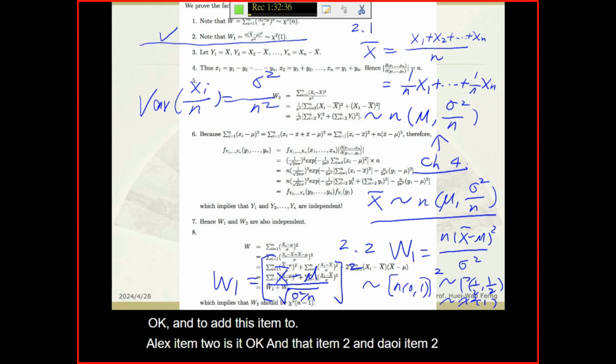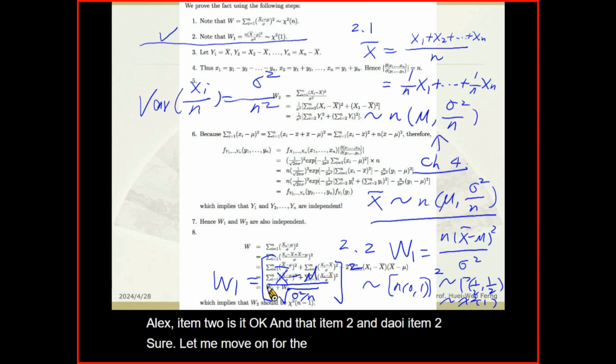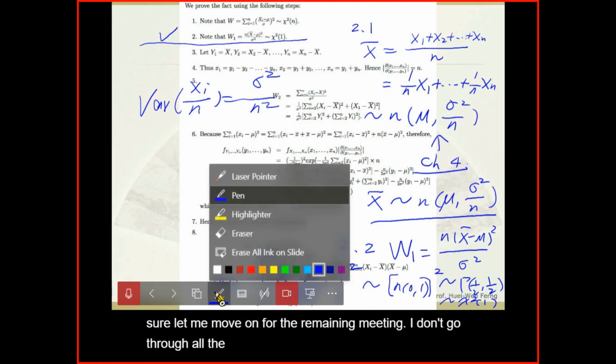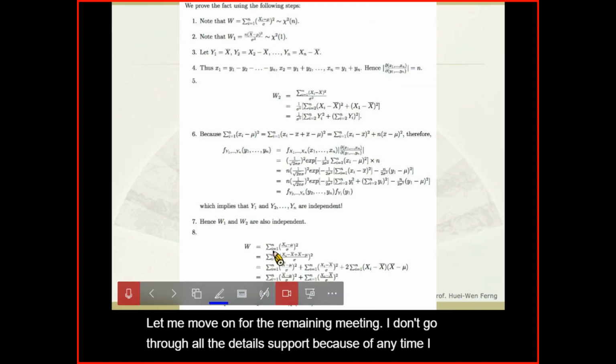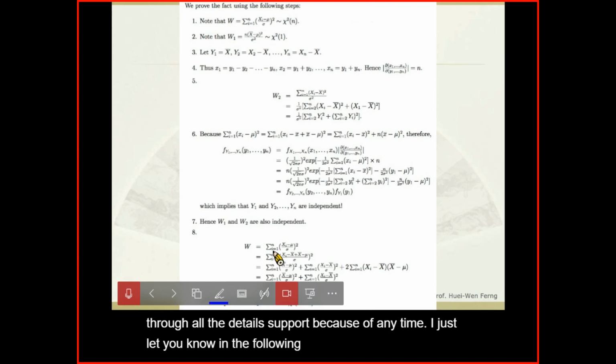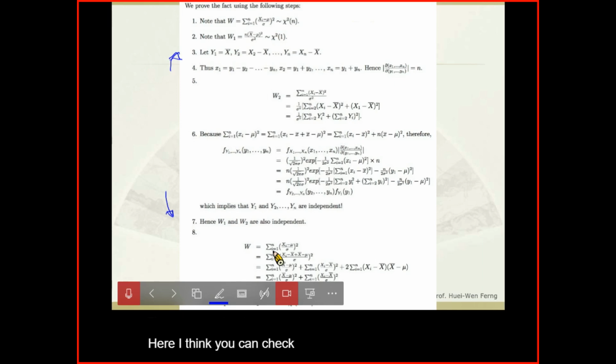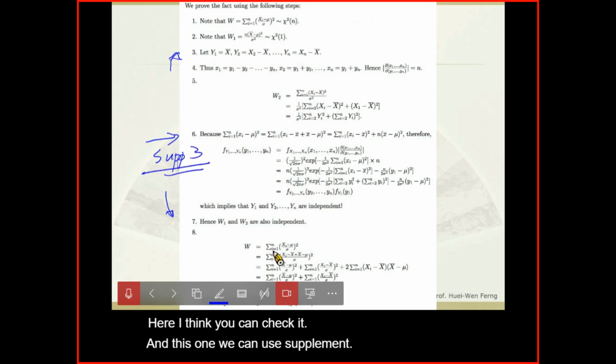Sure, let me move on. For the remaining, maybe I don't go through all the details because of limited time. I just let you know. In the following, we may jump here. I think you can check it. And this one, we can use supplement 3.